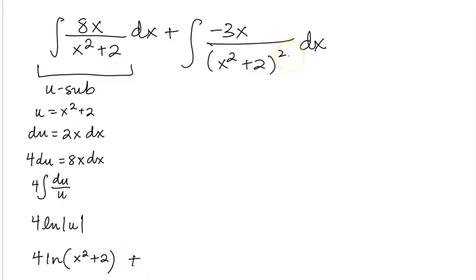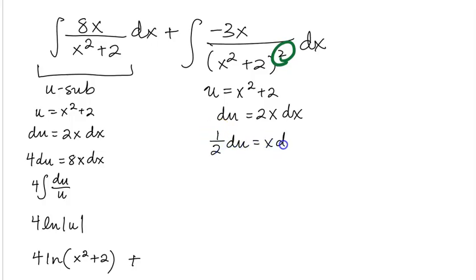Plus, let's go work on that second integral, which is a little bit different because the denominator has this squared factor that shows up in there. But let's see if a u sub will still work. If I let u equal x squared plus 2, du is 2x dx. I don't have a 2x dx, but I can manipulate this equation and see that 1/2 du is x dx.